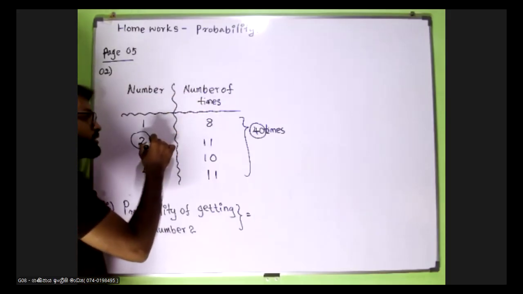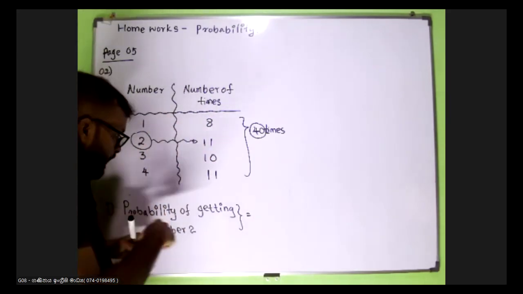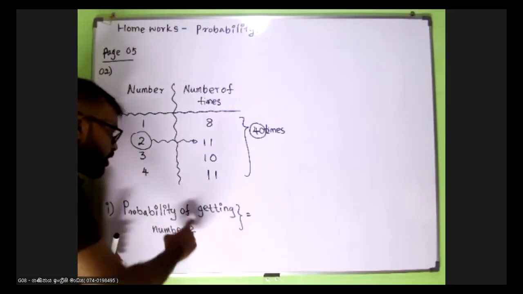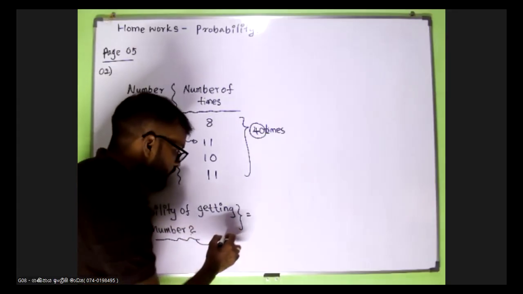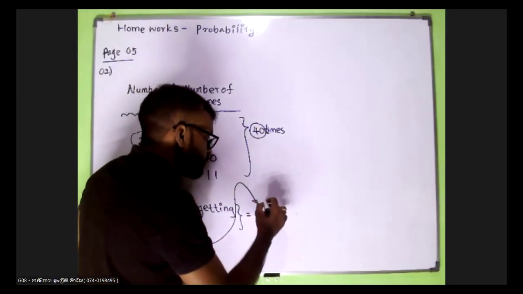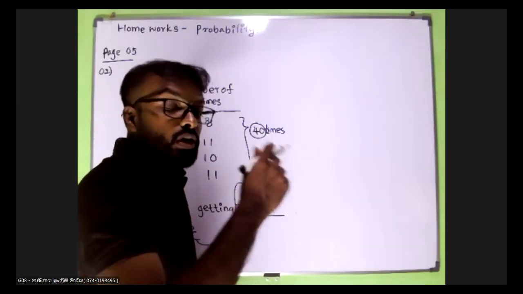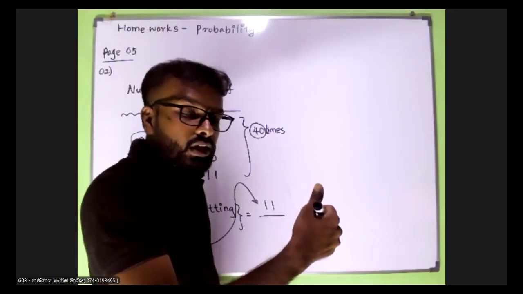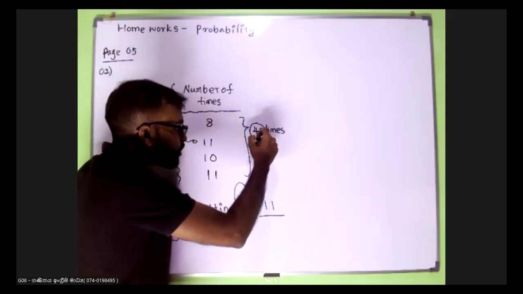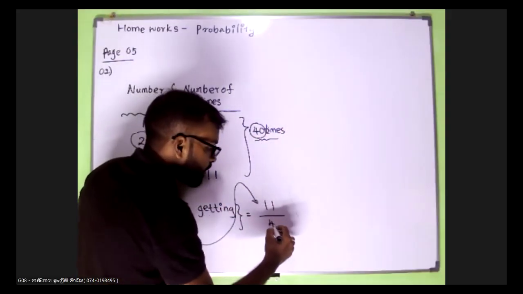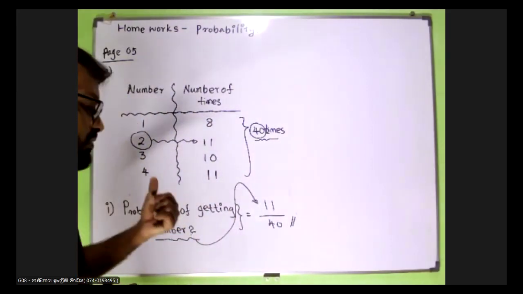How many times does it occur? 11 times. So number 2 occurs 11 times, and that comes to the numerator. And what about the denominator? The total number of times that you toss the tetrahedral die. How many times? Total 40 times. So 11 upon 40 should be your answer. So this is the answer for the first one.